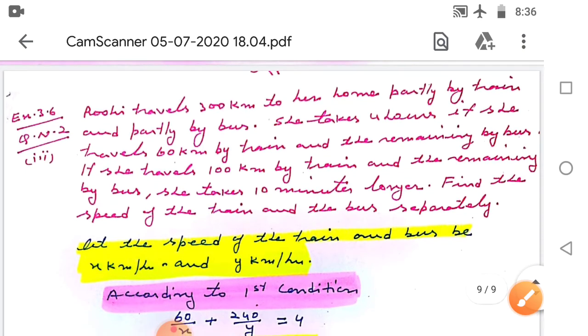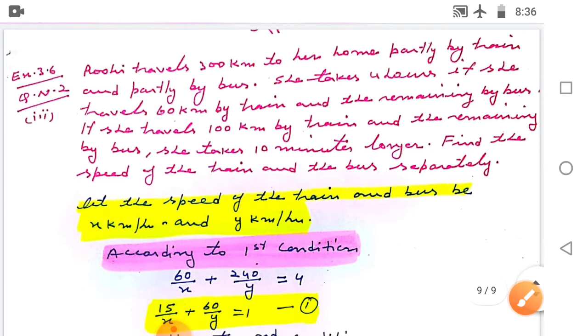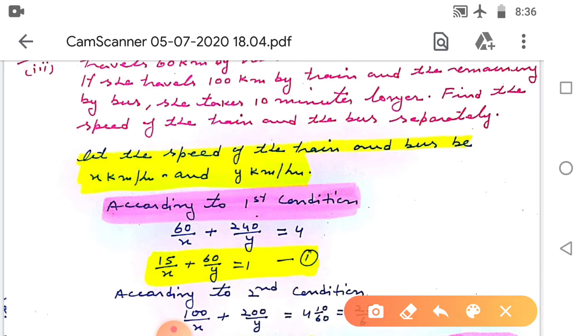Okay. And she takes 4 hours total, but she travels 60 km by train. Now the time taken by train is distance upon speed, because the speed of the train is x km per hour. So 60 upon x hours taken by train.